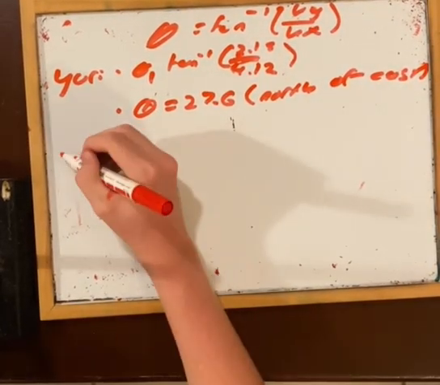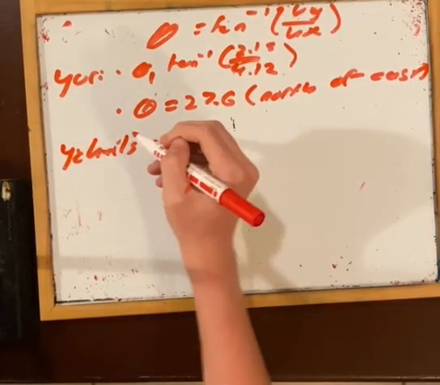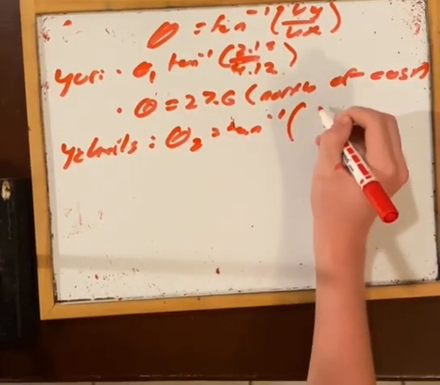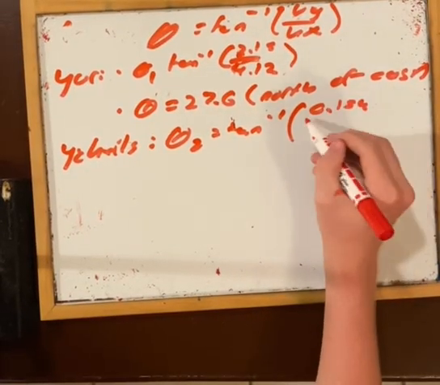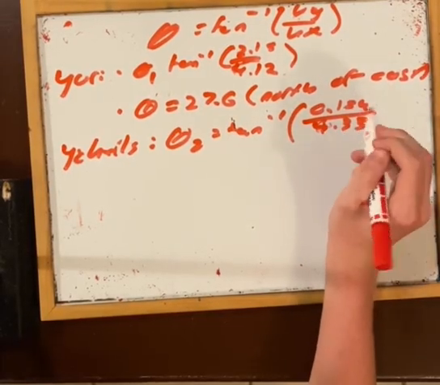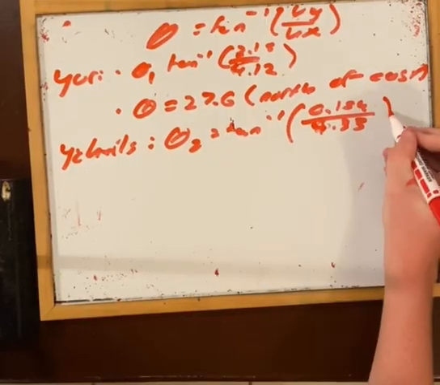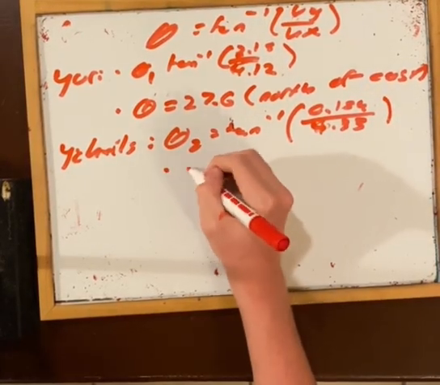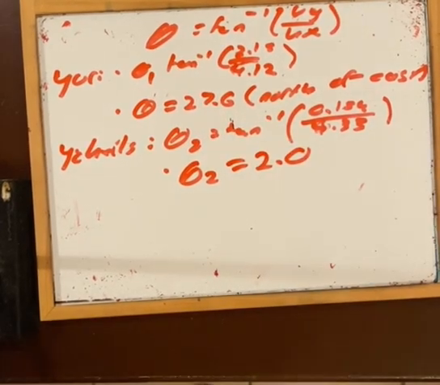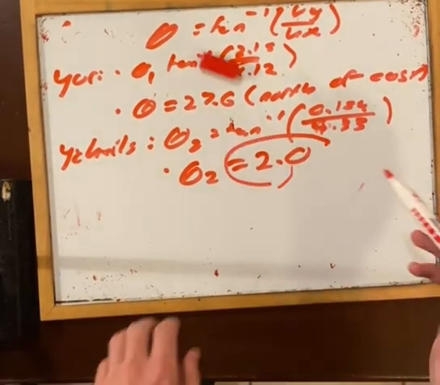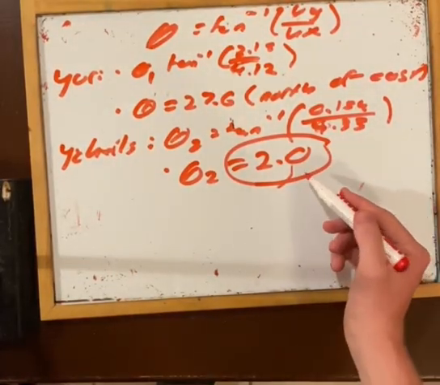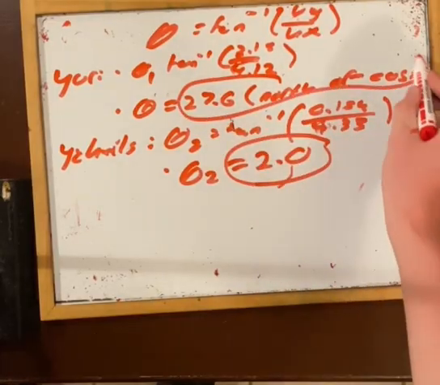Now for Yehiel, tan inverse of 0.154 over 4.33, and then we get 2.0. So these will be our final directions. This one will be for Yehiel, and this one will be for Yari.